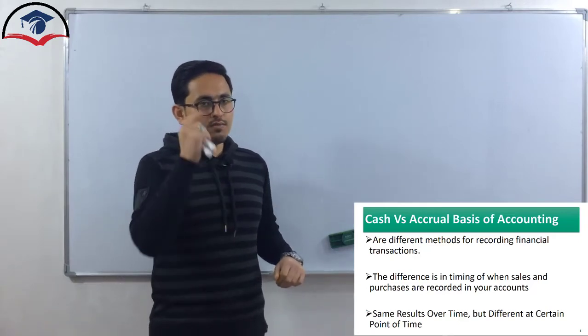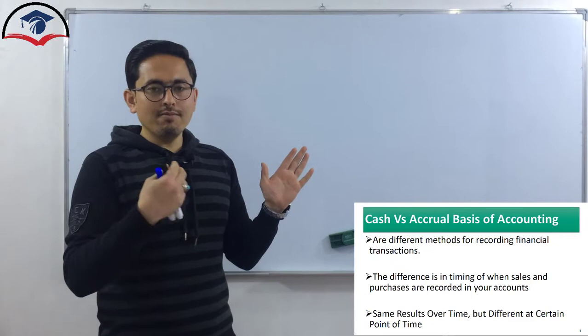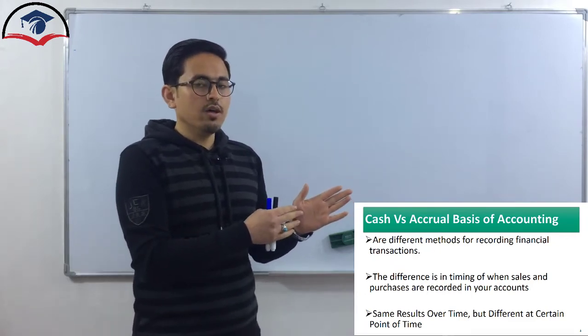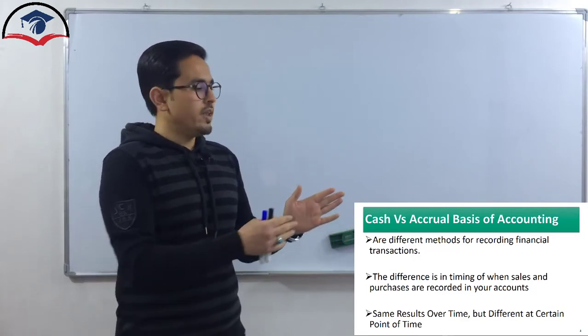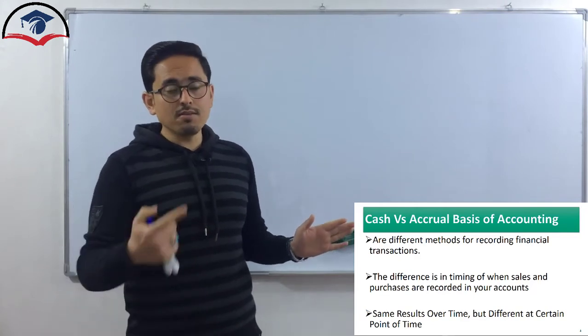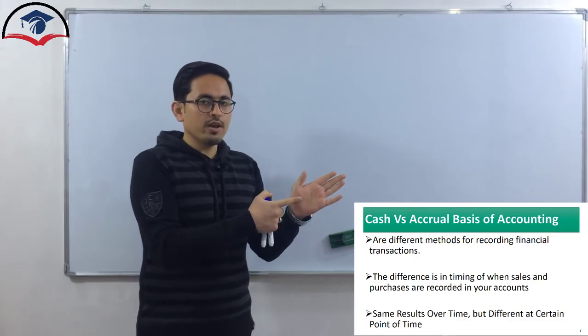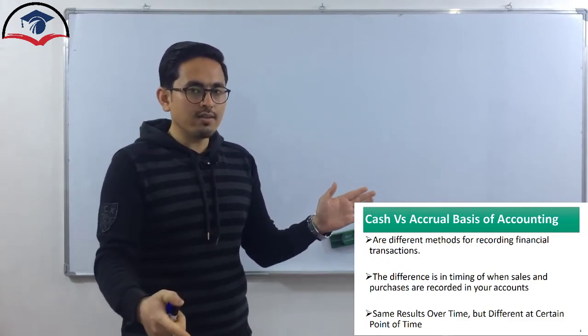Let me clarify that with an example. Suppose I'm following the accrual basis of accounting. I sold something on 1st December 2020, and I will receive that cash on 31st December 2021. Then I record that on the accrual basis. That's my revenue, I have earned it, and I will recognize it.